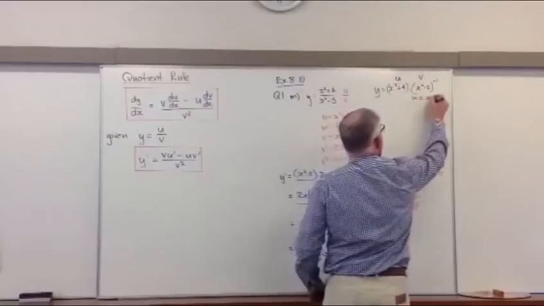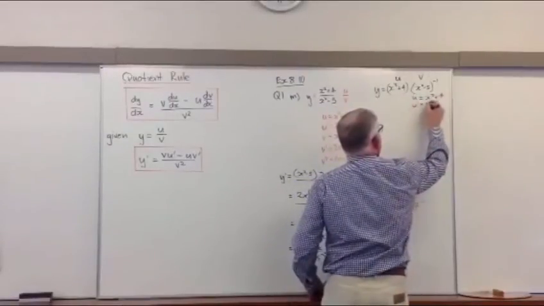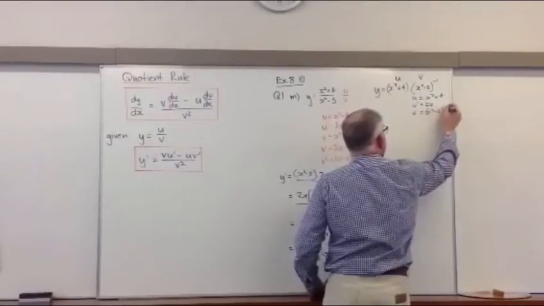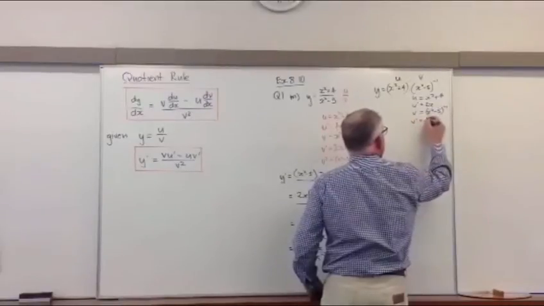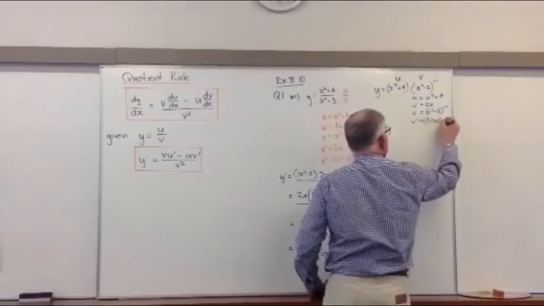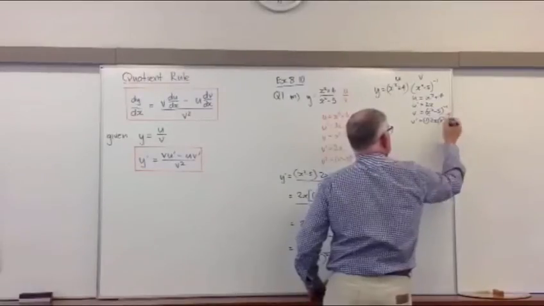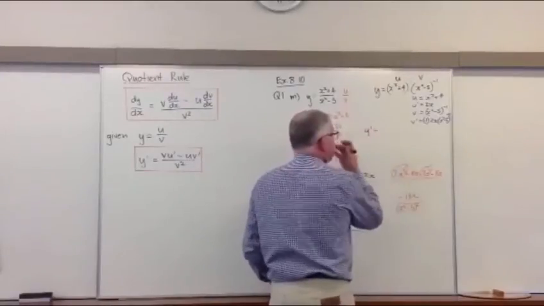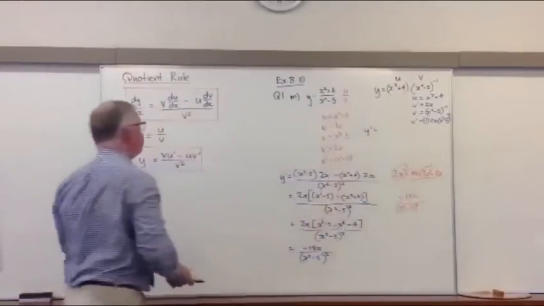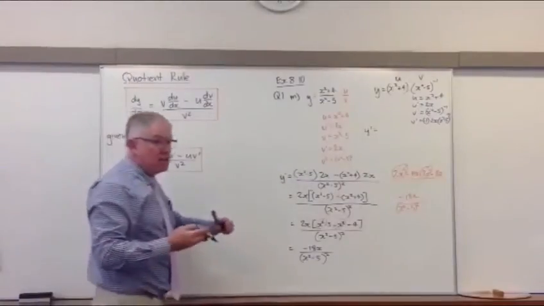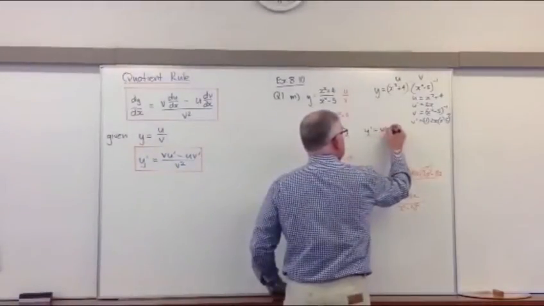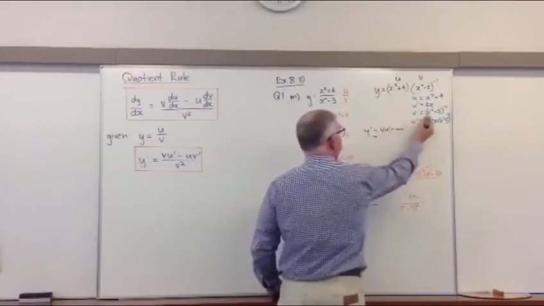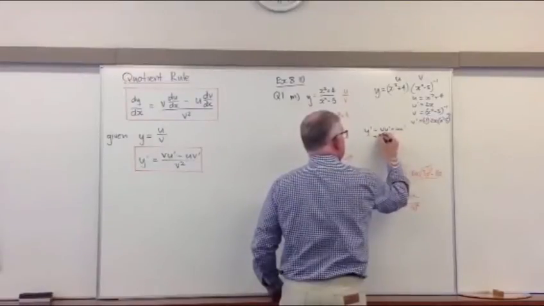So u is equal to x squared plus 4, u dash is equal to 2x, v is equal to x squared minus 5 to the power of minus 1, and v dash is equal to minus 1 times 2x times x squared minus 5 to the power of minus 2. The product rule is v u dash plus u v dash. What's v? x squared minus 5 to the power of minus 1.